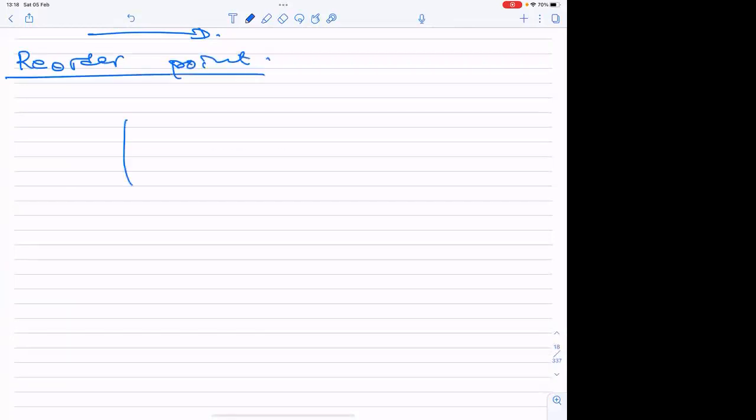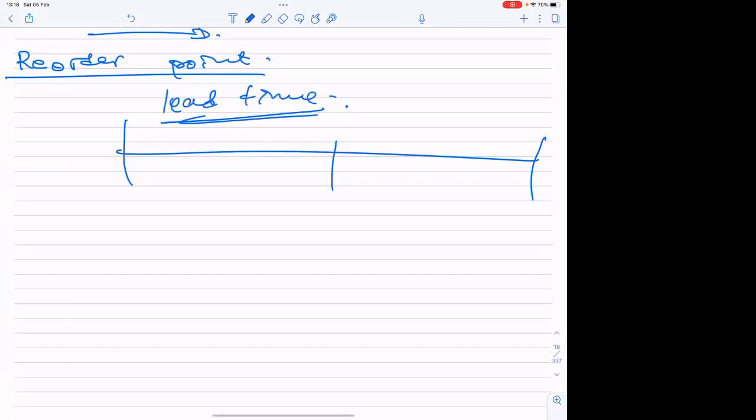So when we are looking at the reorder point, we have been given the lead time. We know that our lead time is 5 days.